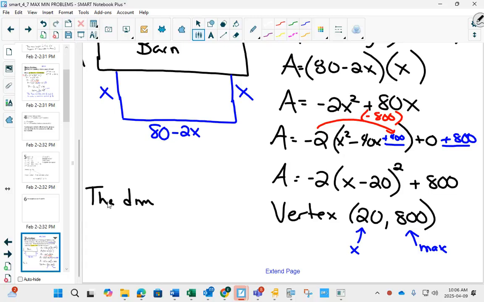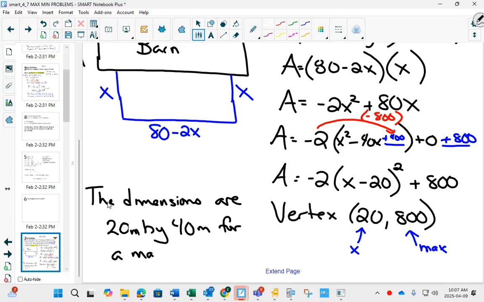The dimensions are x is 20 meters, include our units, by, what would the other side be then? 40. And it didn't ask for this part, sometimes it does. If it asks for the maximum area, you have to make sure your units are correct, of 80 meters squared.